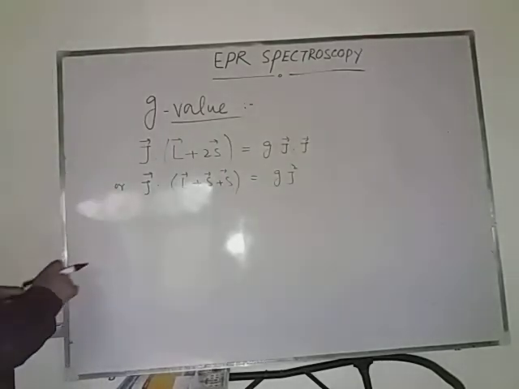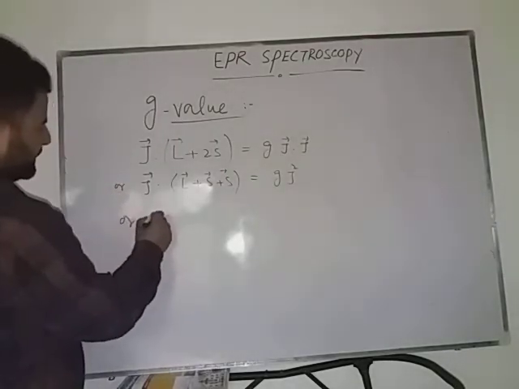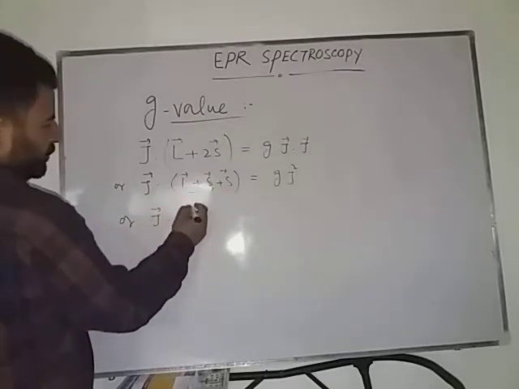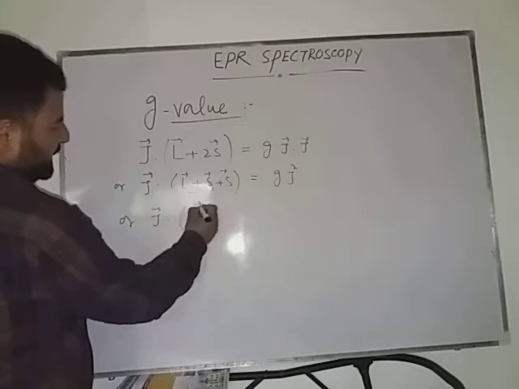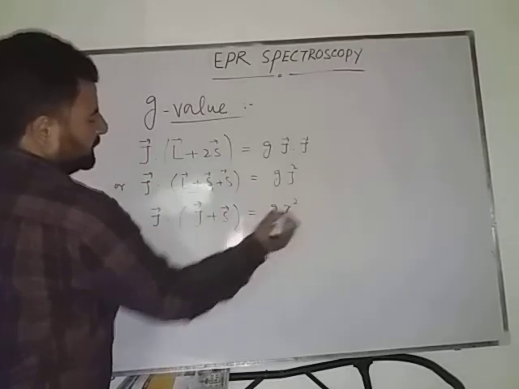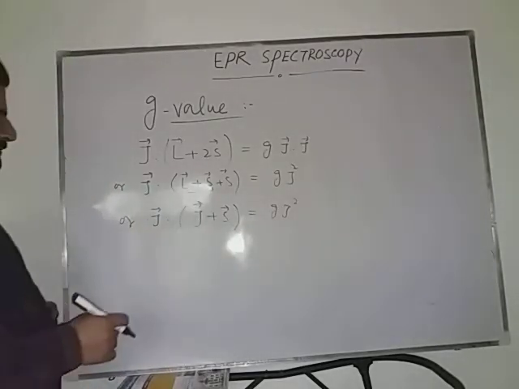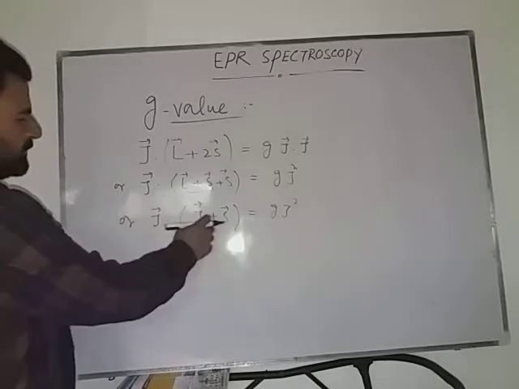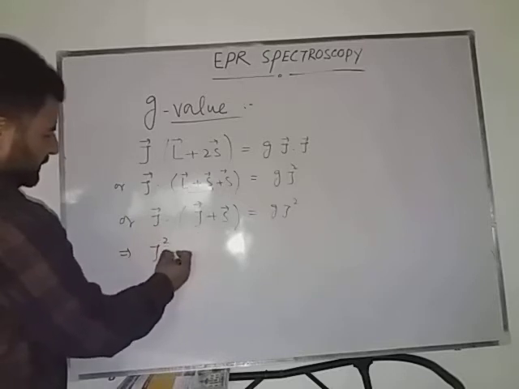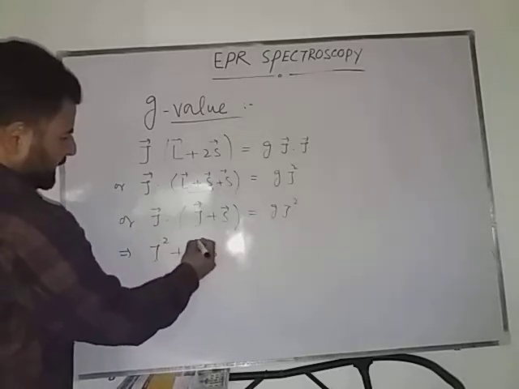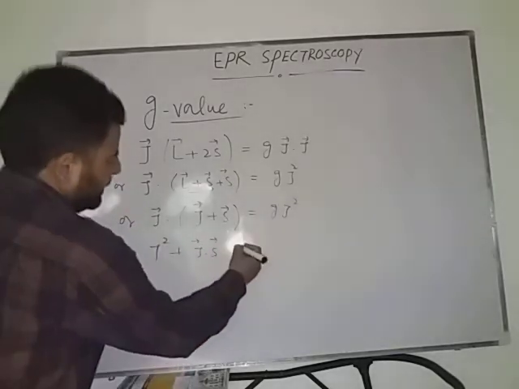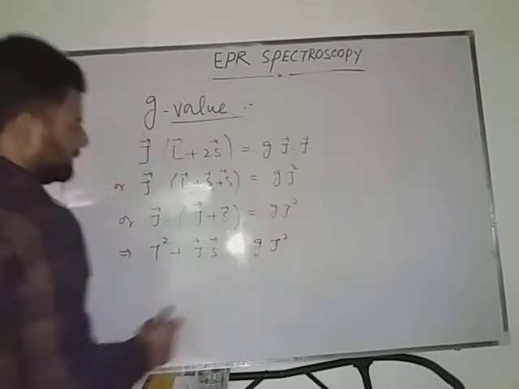Now this equation can also be written as J dot L plus S, and as we know, L plus S is J, so we will write J here plus S, is equal to G J square. Now we multiply this J to both of these. It will be J into J is J square plus J dot S will be equal to G J square.